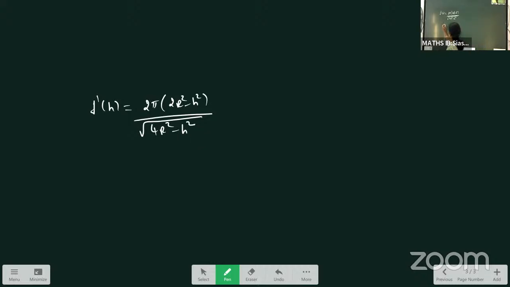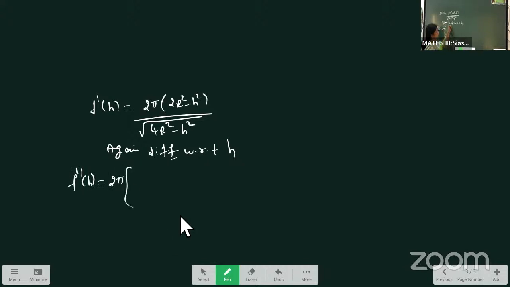See, again differentiating with respect to h. F dash h derivative is what here? F double dash of h. 2 pi is a constant. We have to apply the u by v rule. First what? Denominator whole square. In u by v, denominator whole square, that is 4r square minus h square whole square.